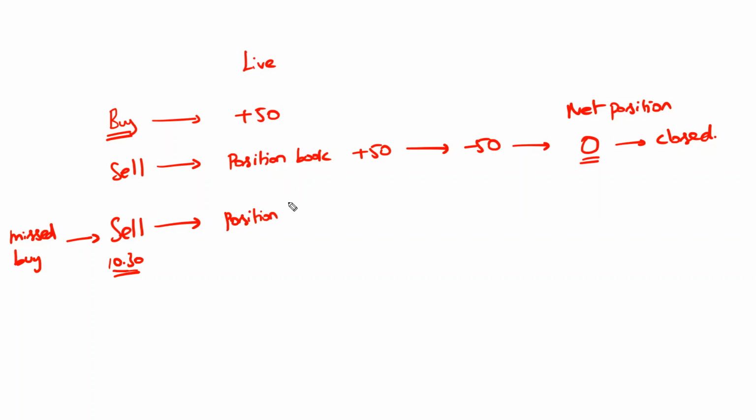Since you missed the buy signal, you don't have any position, so your position is zero. Automatically, it will do nothing. Why should it exit when there is no entry? When you haven't entered, why would you have to exit, right?